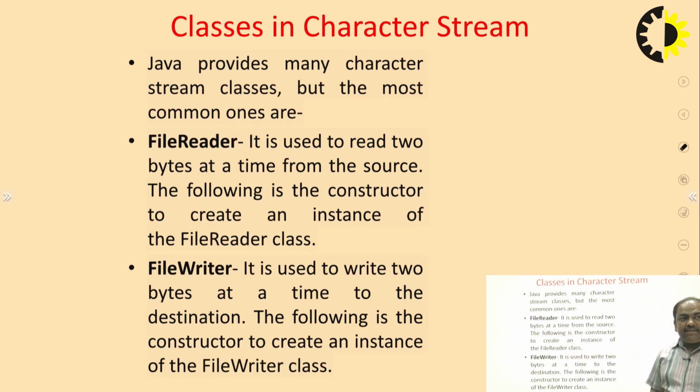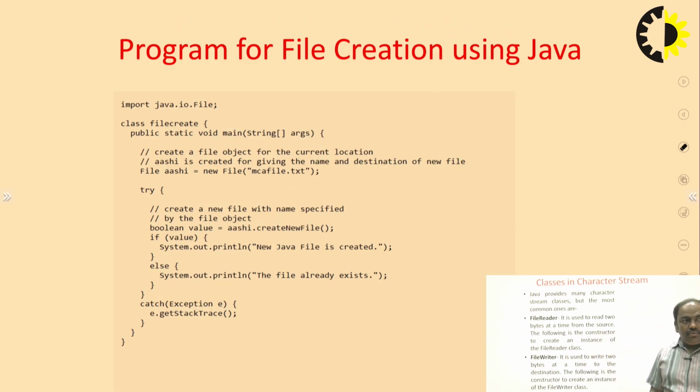In character streams, there are two main classes, which are file reader and file writer. File writer is used to create an instance of the file writer class at the destination, and file reader is used to create an instance of the file reader class on the source. So these are the two stream classes which we use.